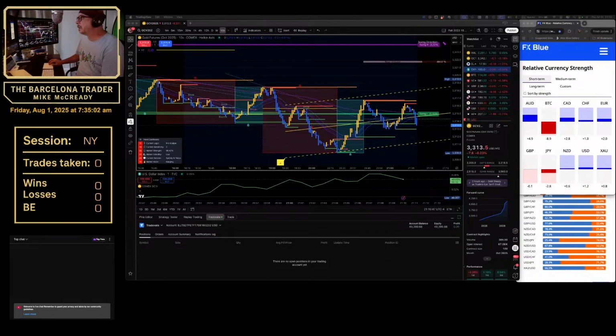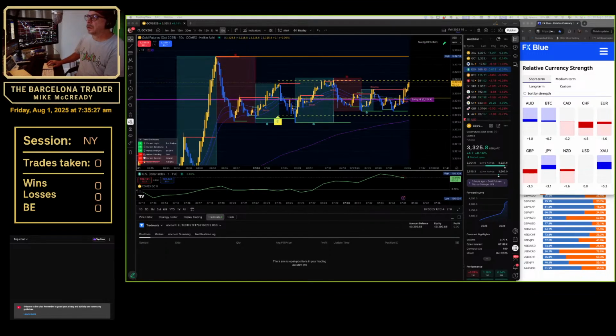Live chat overlay. Okay, that works. Does anything else need to be done? Let's make sure my screens are moving. They do not seem to be moving, so I need to do something else here. Trading screen. Now that should work.